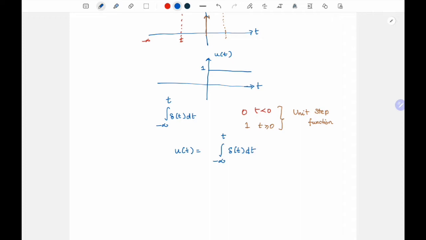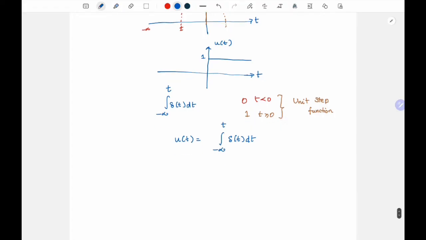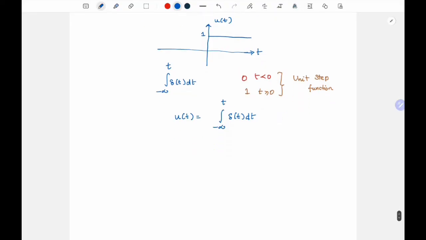So u of t is nothing but the integral of the unit impulse function. On the other hand, the unit impulse function is nothing but the derivative of the unit step function, right?